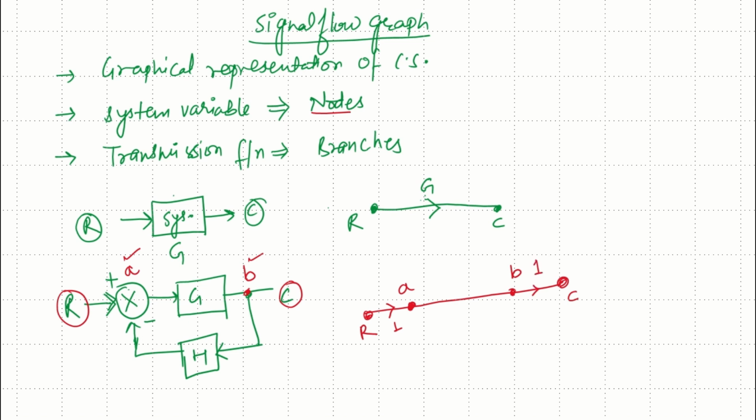The gain between the summing element and the takeoff point is G, and there is a feedback going from node B to node A with gain H, but since there is a negative sign, we represent it as minus H. So this will be the signal flow graph of the closed loop control system.